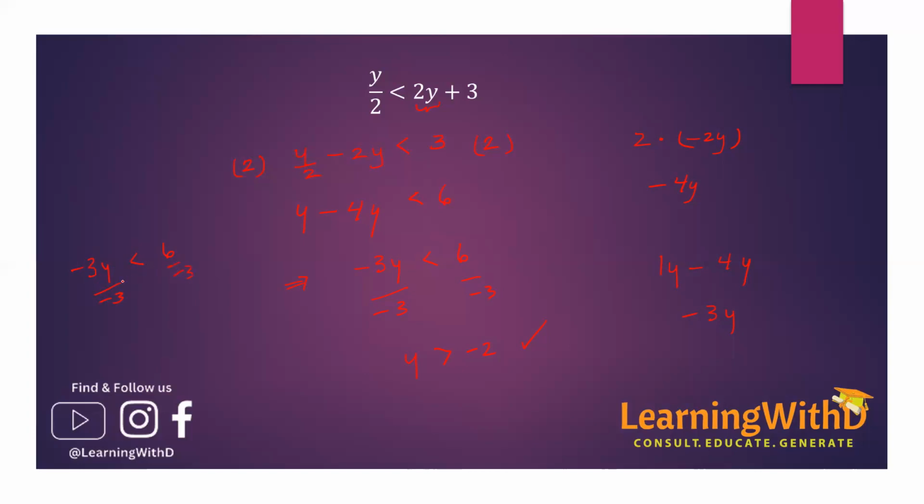By virtue of crossing the inequality sign and dividing by a negative number, this changes, this flips. Okay? So this becomes y, and this becomes negative 2. So this is a rule in inequalities. Okay? You don't want to forget that. So grab your notes. Let's try one more.